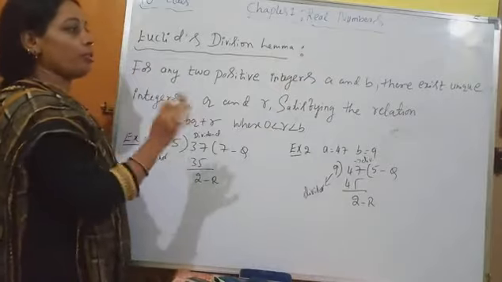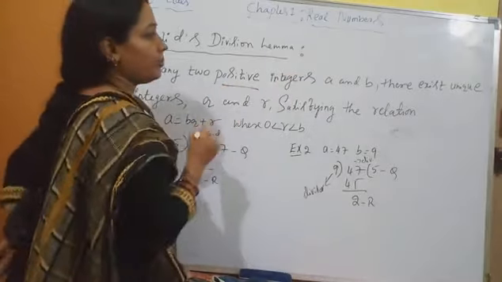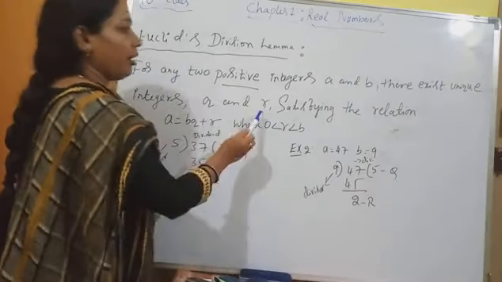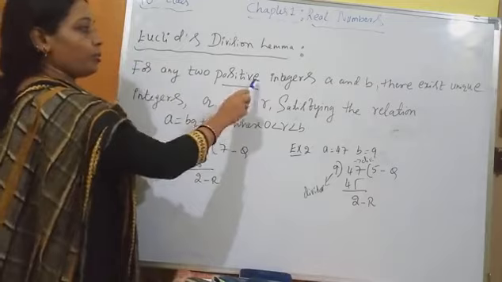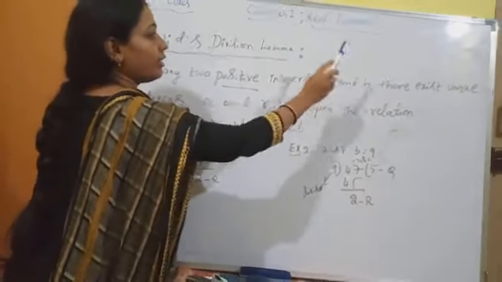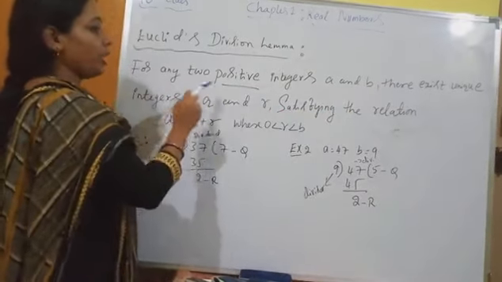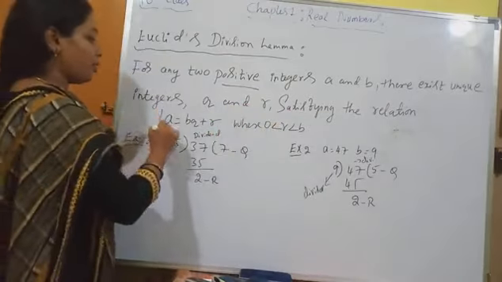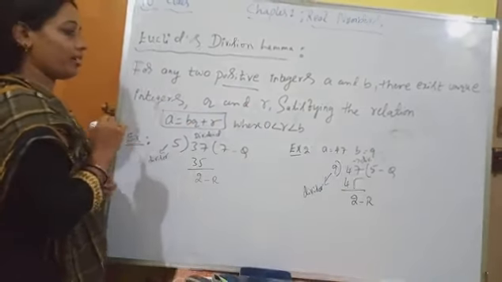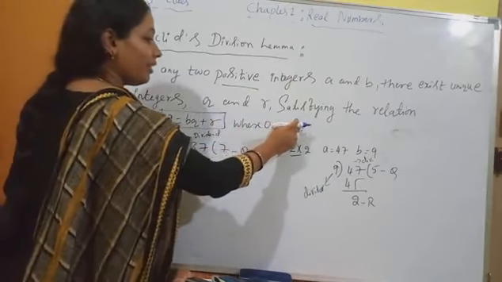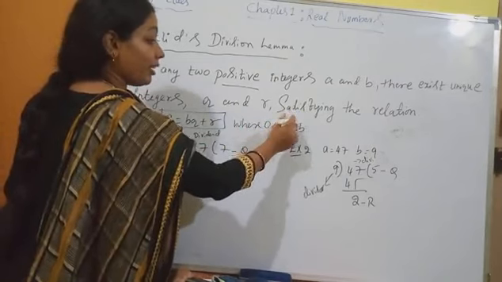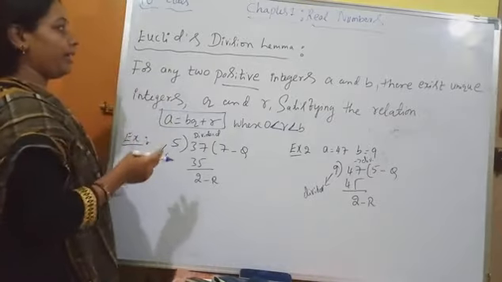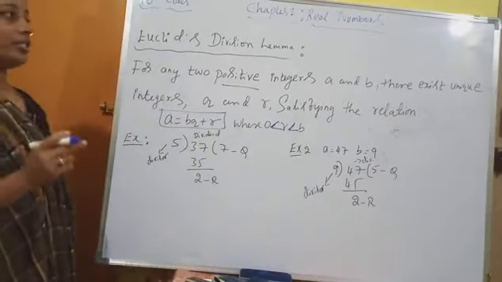For any two positive integers a and b, there exist unique integers q and r satisfying the relation a is equal to bq plus r, where r is always less than b and greater than or equal to 0.